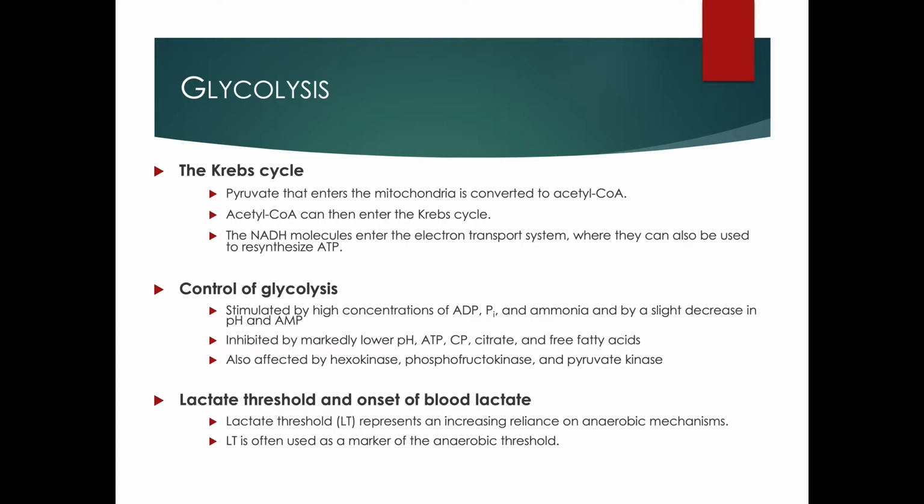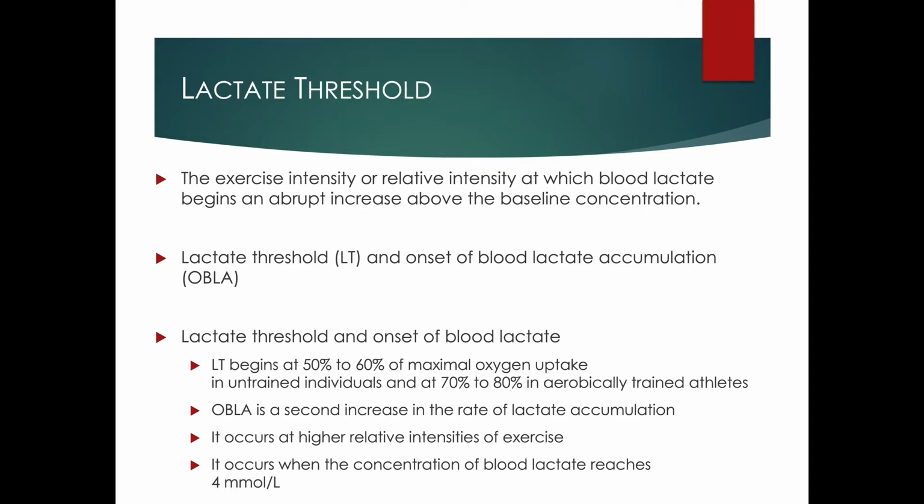That's the point called lactate threshold, where you see a huge incline in lactate production. It represents an increase in reliance on anaerobic metabolism, also a marker of anaerobic threshold. It says the intensity and relative intensity at which blood lactate begins to abruptly increase above baseline concentration.